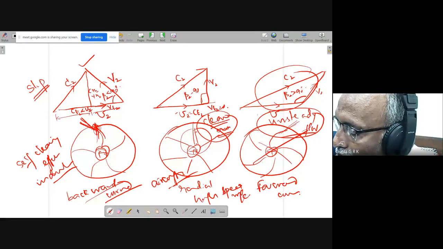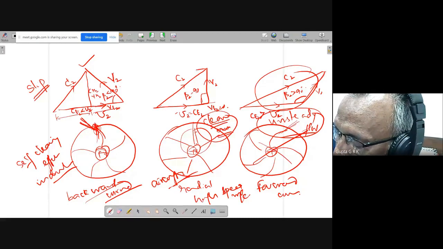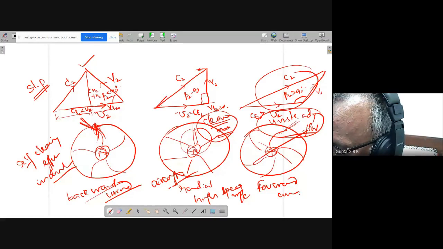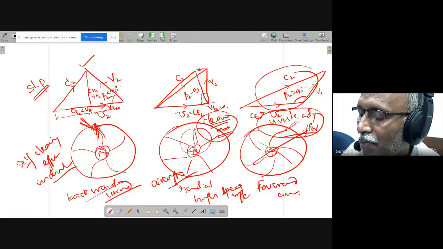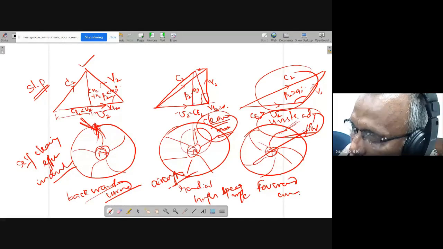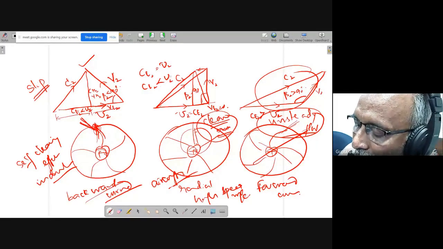Here CT2 is greater than U2. And because of the slip, the triangle gets modified like this. CT2 gets reduced. Actually CT2 should be equal to U2, but now CT2 will be less than U2, and that is given by slip.